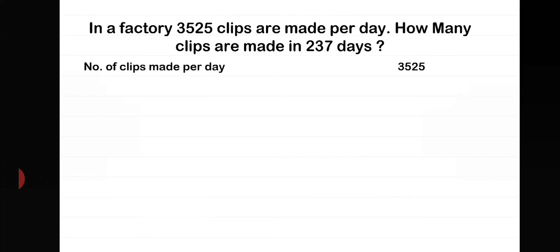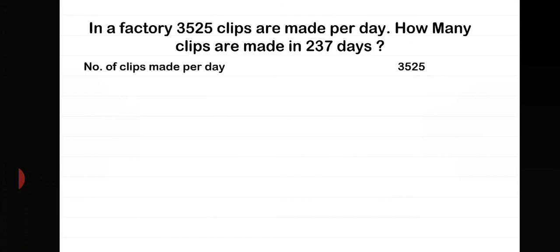So you all know the important thing for multiplication is to write the statement. So first we'll be writing the statements. So we'll read the question again. In a factory, 3,525 clips are made per day. How many clips are made in 237 days? So I know how many clips are made in one day. So I'm going to write that. That is number of clips made per day, that is 3,525.